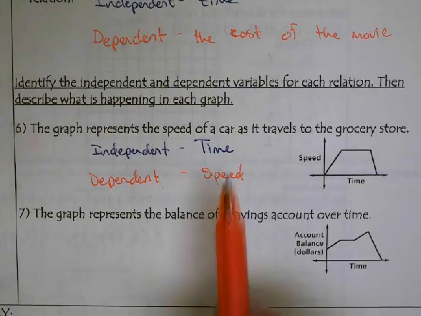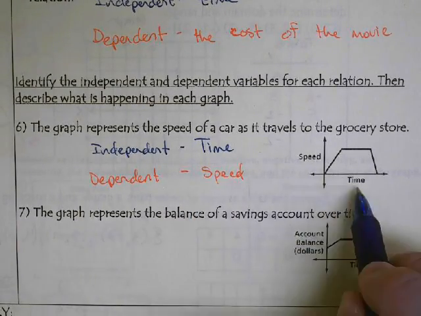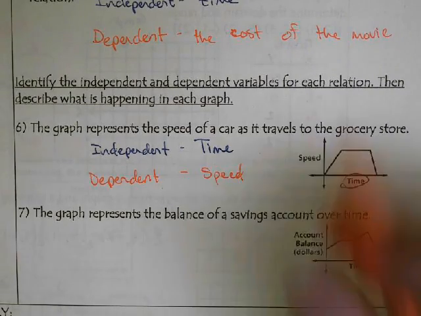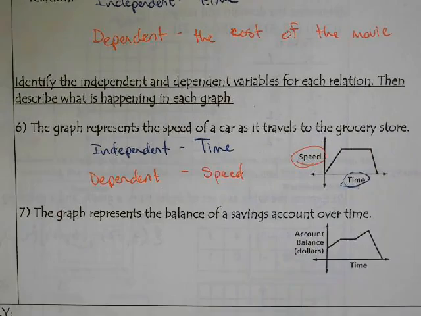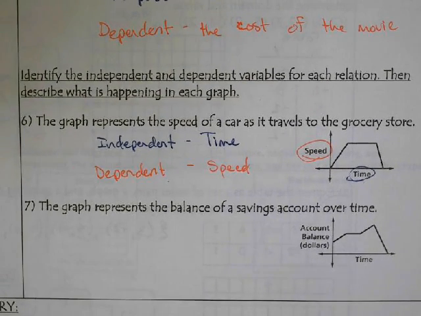So I just used my x, the label for my x-axis, time. Right here, there's my dependent, and then my label for my y value was speed. So it's pretty simple to look at a graph and identify what our independent and dependent variables are.